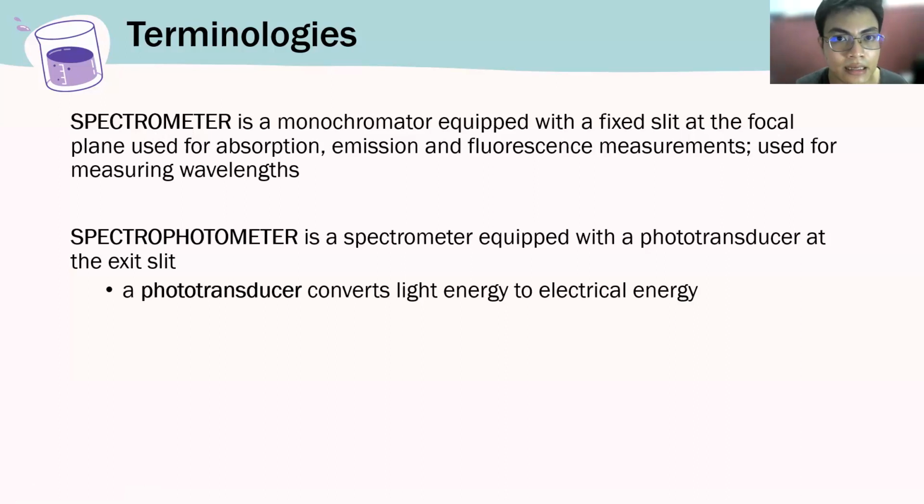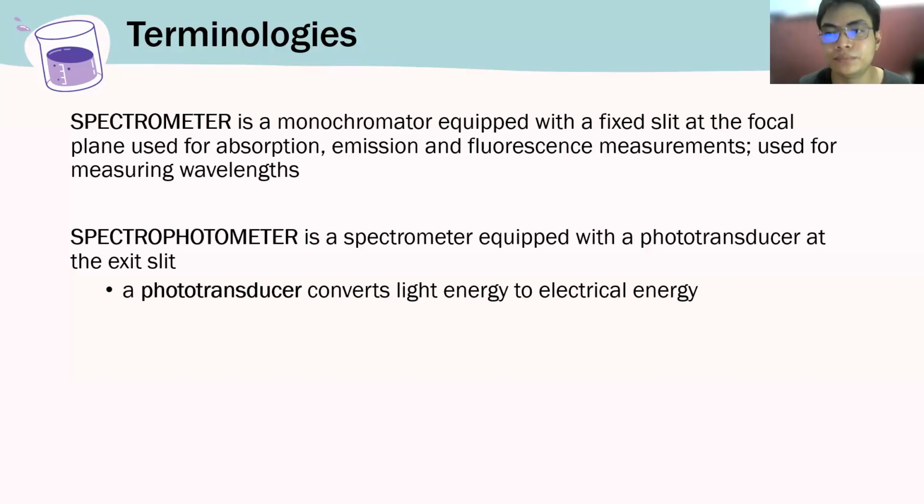Yung intensity ng light, yung transmission ng light, yung absorption ng light, etc. Pag sinabi namang spectrophotometer, yung keyword natin dito, photon. Yung photons na nadetect ng ating detector, they are getting converted into an electrical signal.